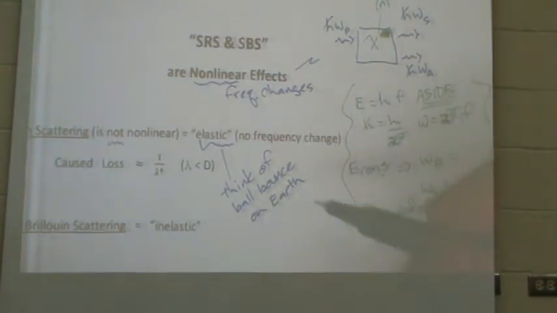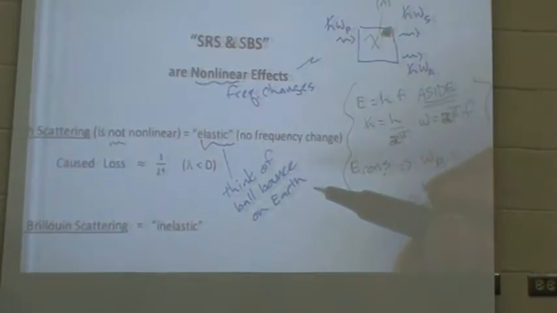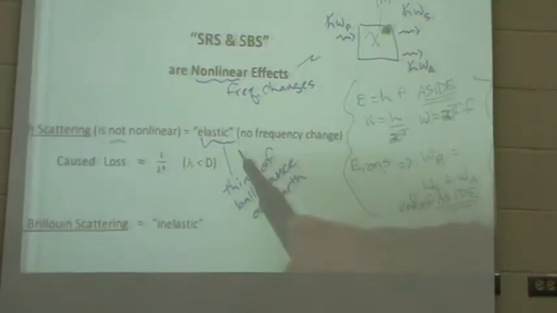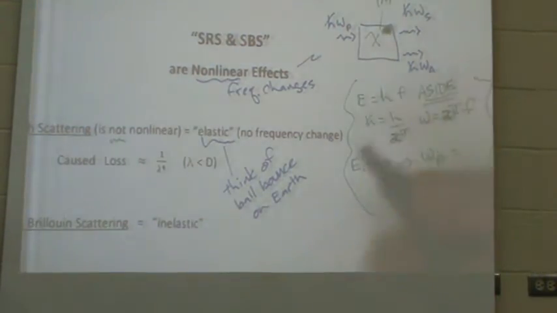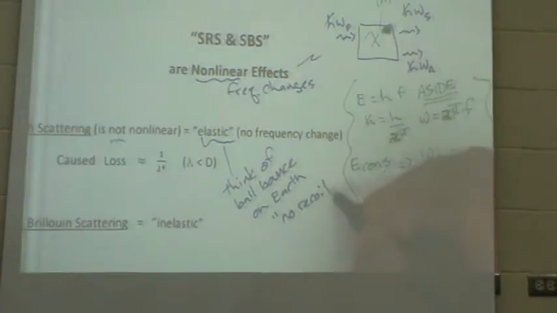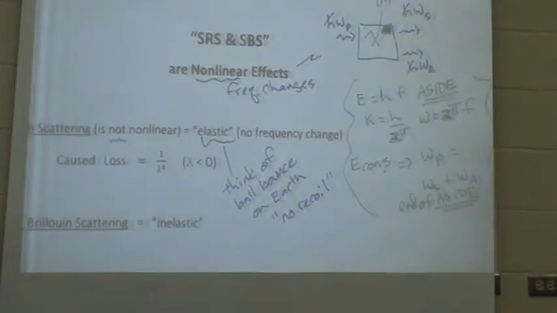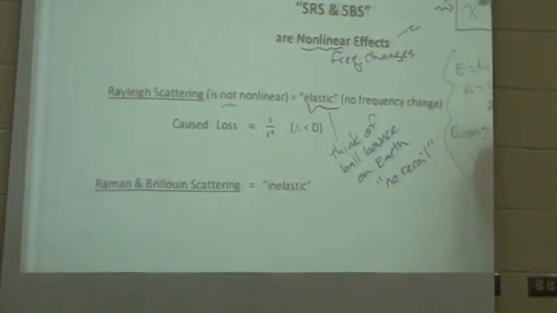But the velocity change of the planet Earth is trivial compared to that of the super ball, because the mass of the Earth is so big. So with elastic scattering, there's none of this energy transfer going on. In other words, no recoil is another way of thinking of it. Super ball bouncing on Earth, I don't notice that the Earth recoils.